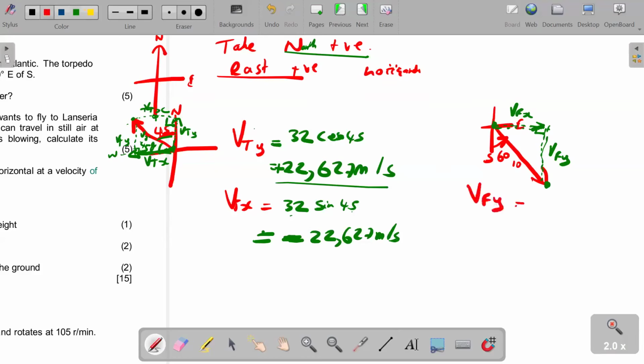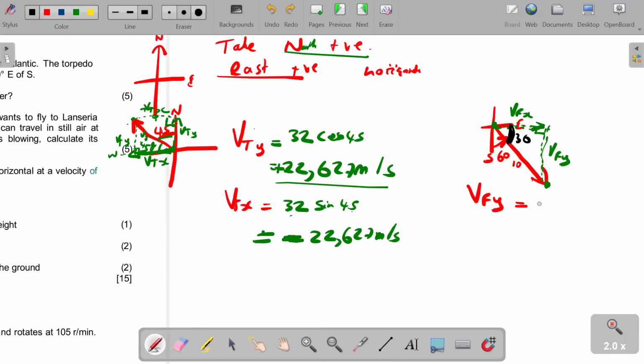Okay, so let us now calculate VFY, the vertical component of the freighter. Look at the diagram that I have taken. I have taken this other diagram here, which means this angle is no longer 60. What size is it? It's 30. Where am I getting that? I know that this whole angle is 90 degrees. That's the advantage I'm taking. So that's 30 there. So what is the size of VFX?